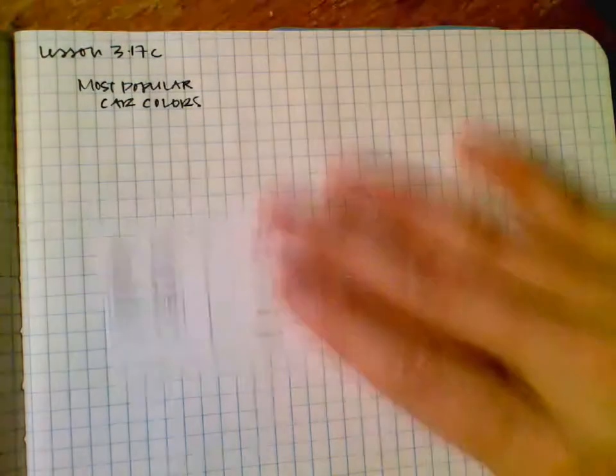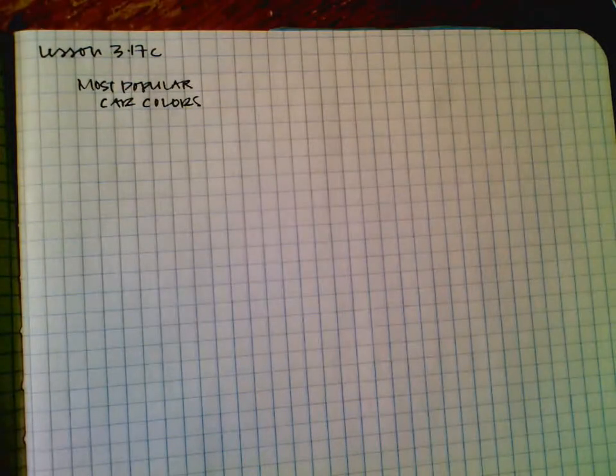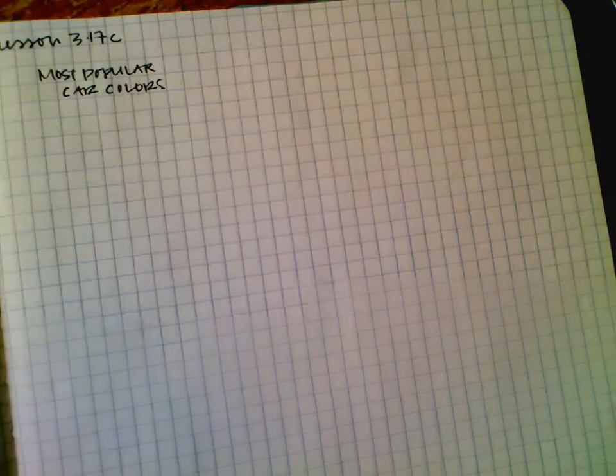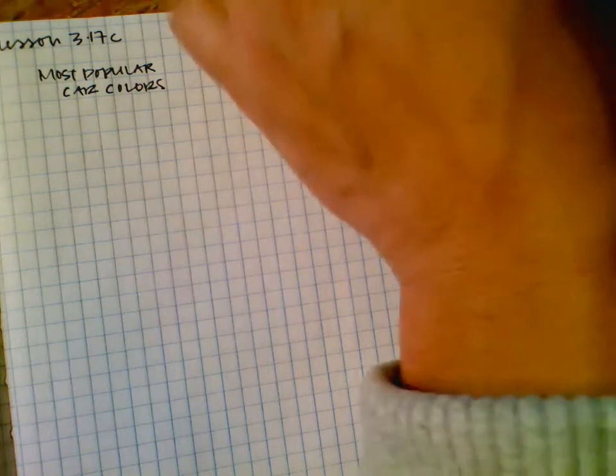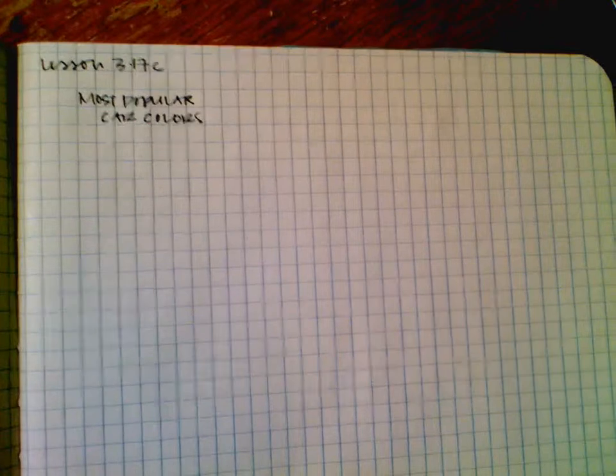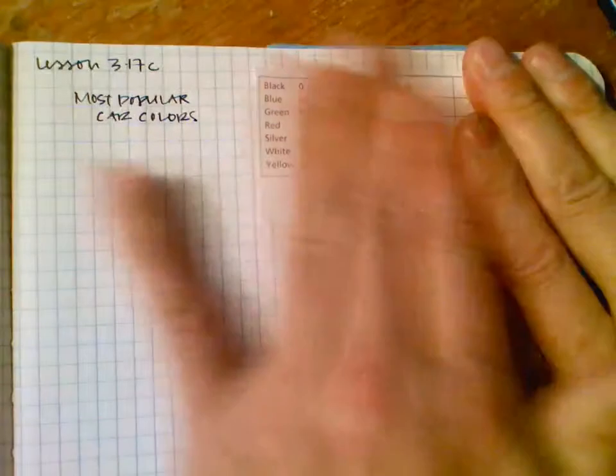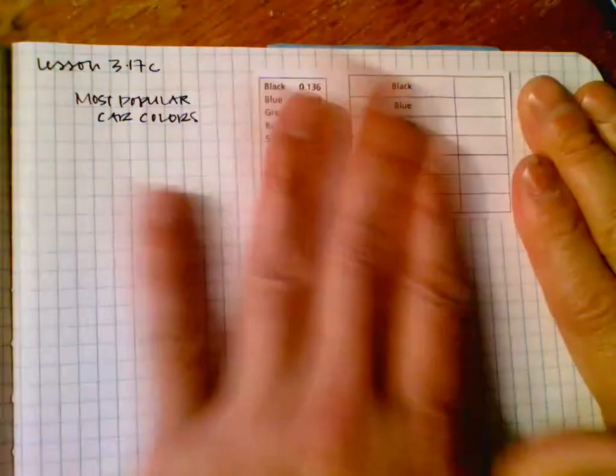Whoever in the book found this data from a car sales place, and it shows the most popular car colors that were sold in 1 year. So someone got the lovely job of marking each one of these.